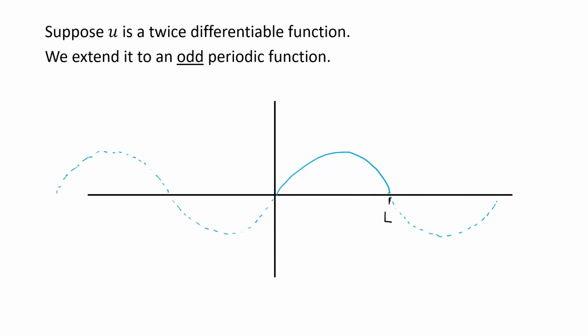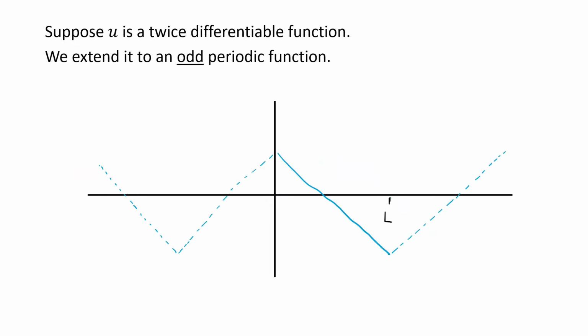If you look closely, you realize that the function has got a derivative there. It's differentiable there. That is because we've chosen an odd extension. If we take derivatives over the entire real line, then we get a continuous function. Again, it's because we've chosen an odd extension, so that at the interval endpoints, this periodic function is always differentiable.